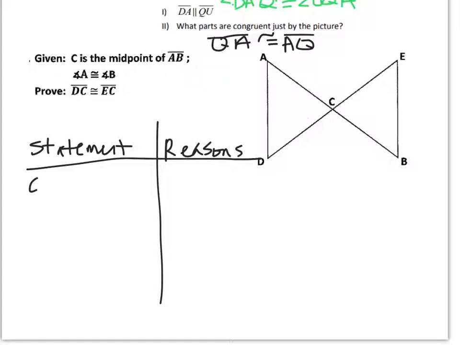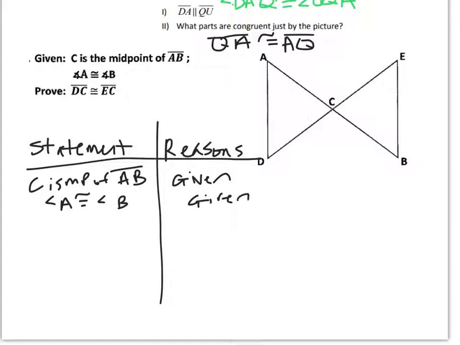I have C is the midpoint of AB, given. Angle A is congruent to angle B, which is given. So it gave me angle A is congruent to angle B, so I'm going to go ahead and mark that on my diagram.